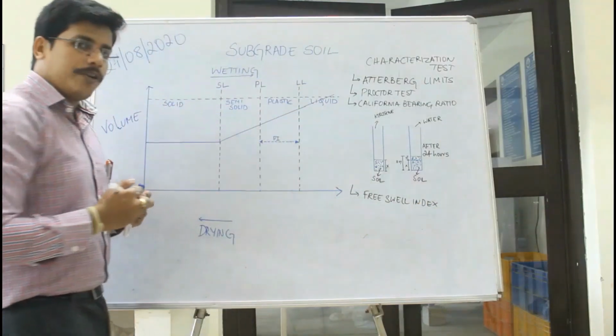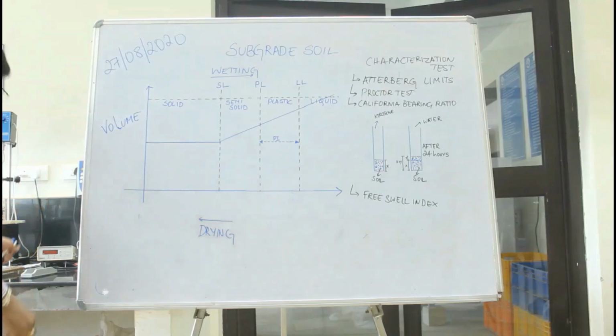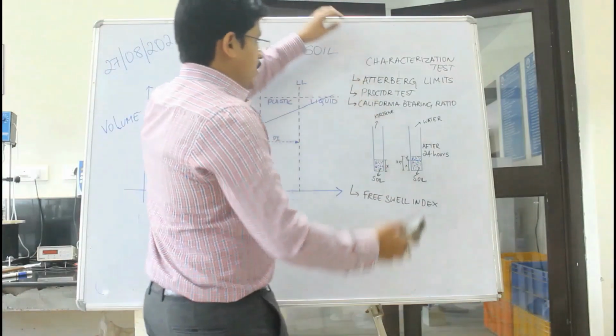Today we will cover these four tests in this laboratory video, and the remaining tests will be covered in the subsequent videos. So now we will see the first two tests, the Atterberg limits and the free swell index test.